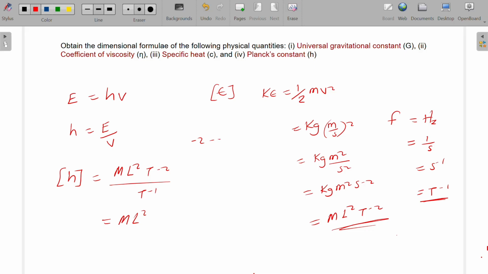As we did earlier on, T and T are dividing, so we subtract their powers. So we'll have minus 2 minus minus 1, which is minus 2 plus 1, which is minus 1. This implies we're going to have T to the power of minus 1. And these are the dimensions we are looking for in Planck's constant. So here we have it.